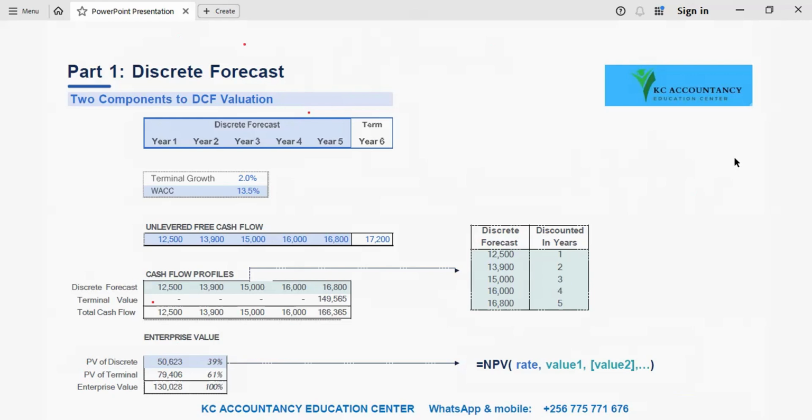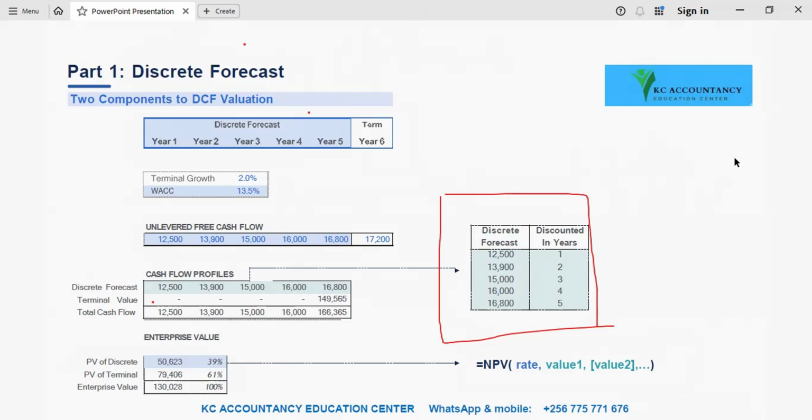From this diagram on your right hand side, you will see the values, and it will help you understand how the NPV function thinks about timing.